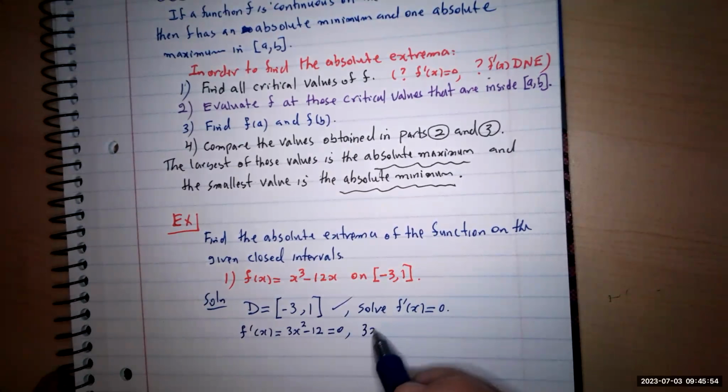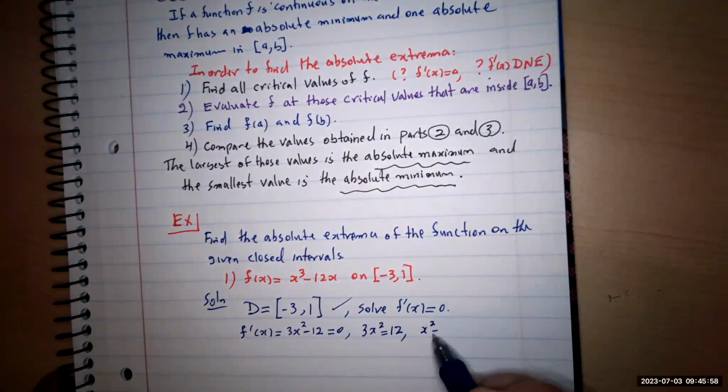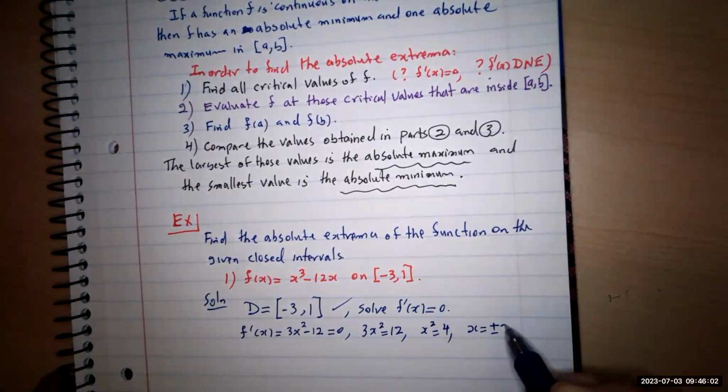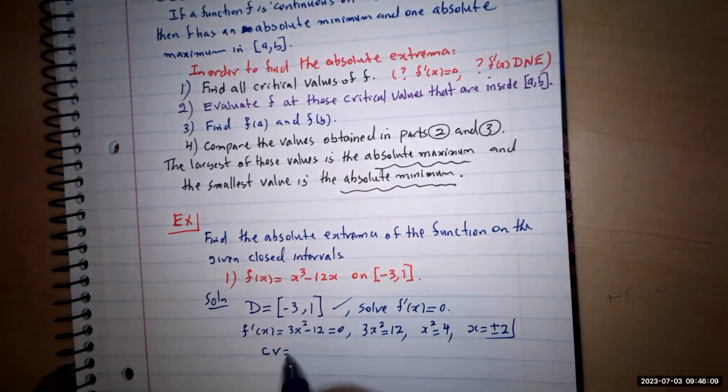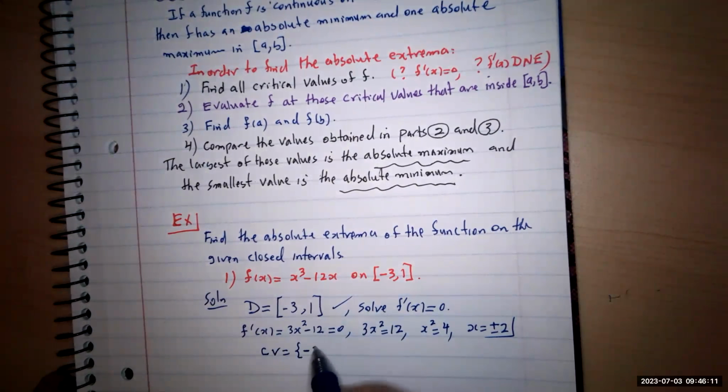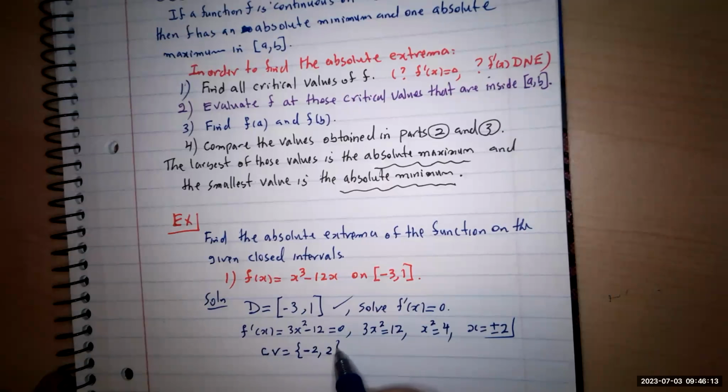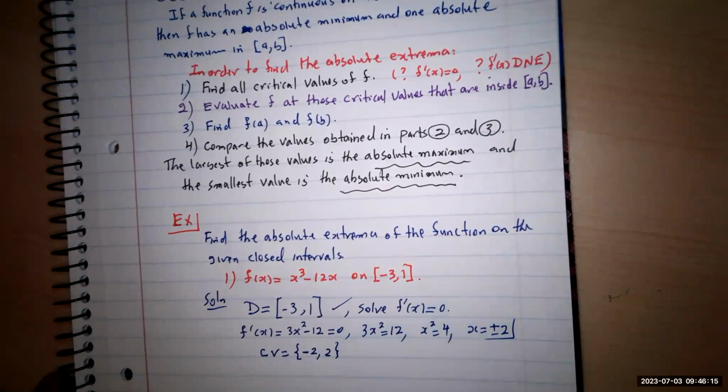This is going to be 3x squared equal to 12, so we get x squared equal to 4. So your x would be positive or negative 2. So your critical values are going to be -2 and +2. You know that you don't have any of those type 2 ones. So that would be your first step, if you like.